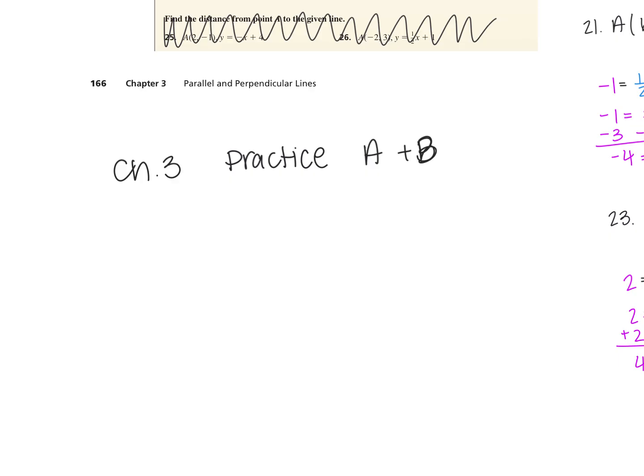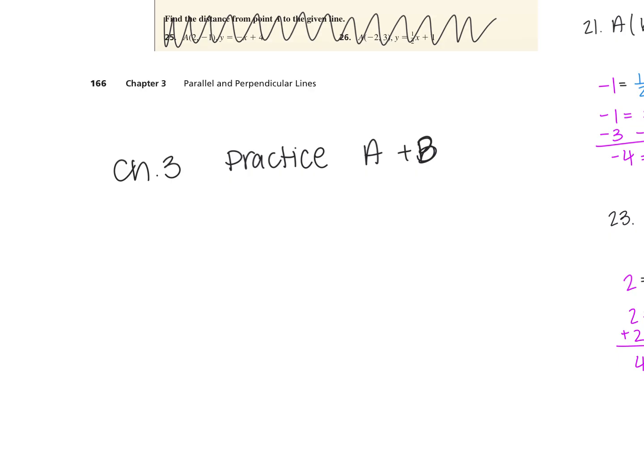Again, this test is not just on proofs. This test is an entire chapter 3 test. Yes, there are 2 proof questions. One is fill in the blank, and one is completely blank where you have to write the entire thing yourself.